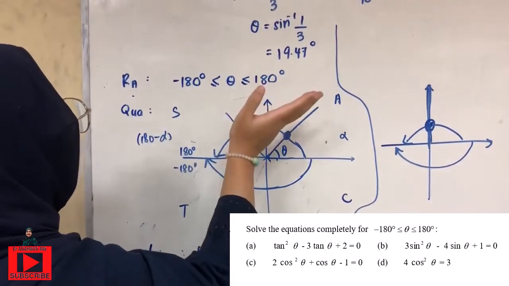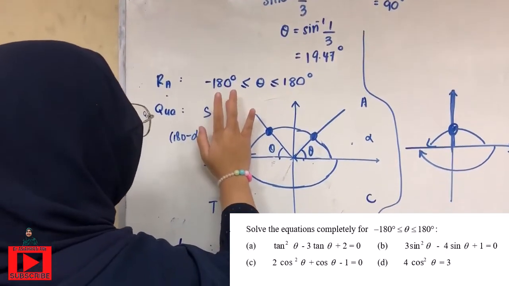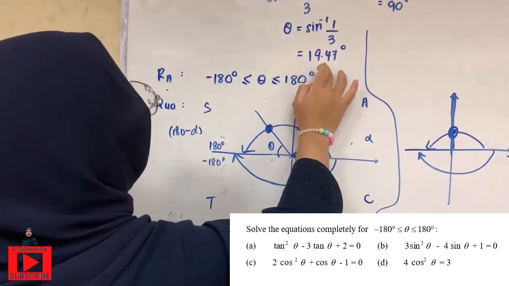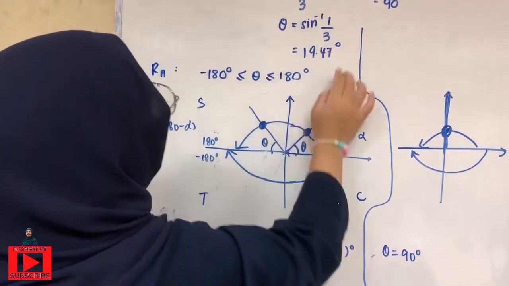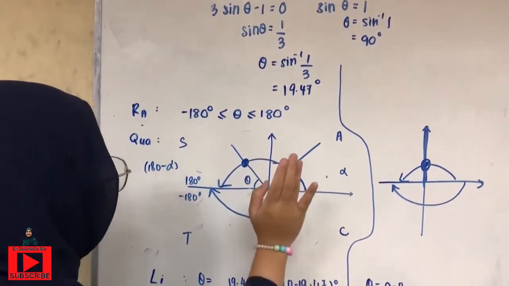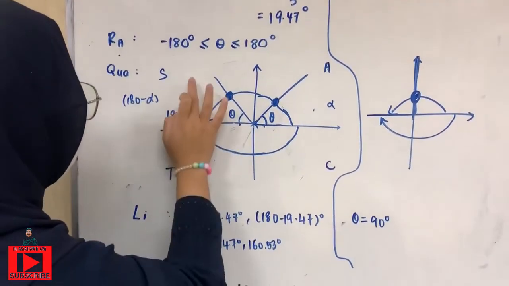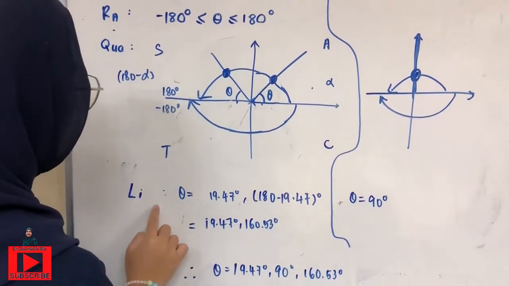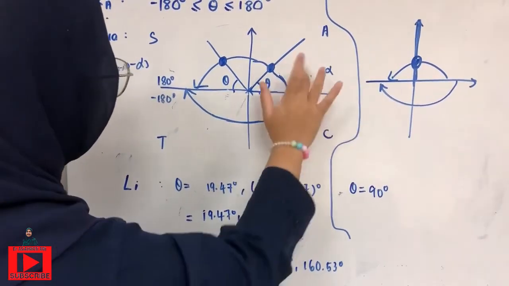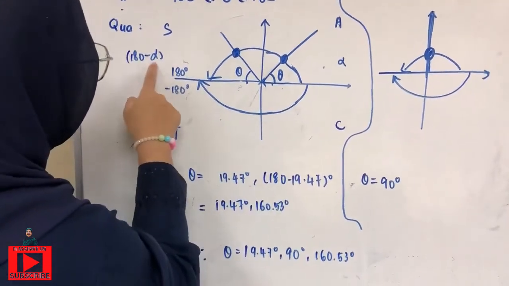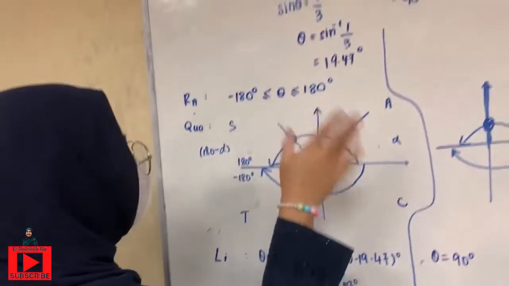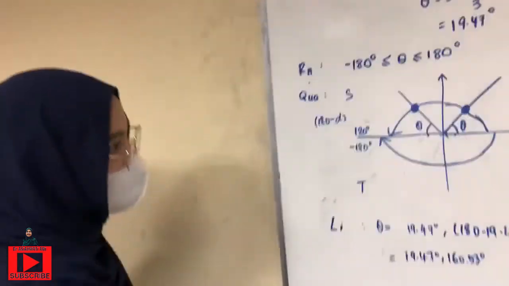The range given in this question is between negative 180 degrees and 180 degrees. Since our basic angle is positive, it is in the first quadrant and the second quadrant only. So the list of answers is theta equals 19.47 degrees for the first quadrant, and for the second quadrant, 180 minus theta, so we get 160.53 degrees.